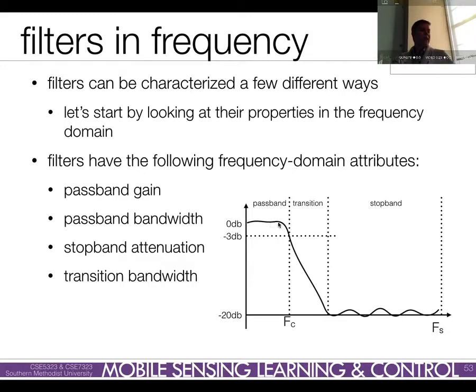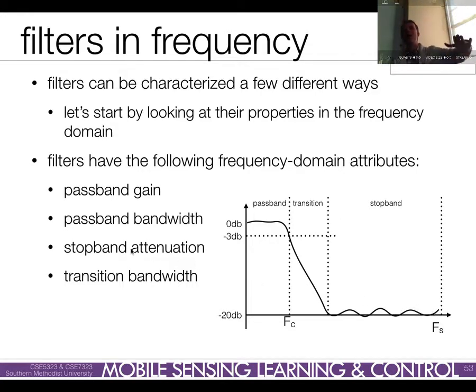Essentially, it's going to pass frequencies all the way up to f sub c, which is called the cutoff frequency. Then I'm going to have a stop band over here, from this frequency all the way up to Fs over 2, my sampling frequency over 2. The value of how many dB down I am right here is my stop band attenuation.